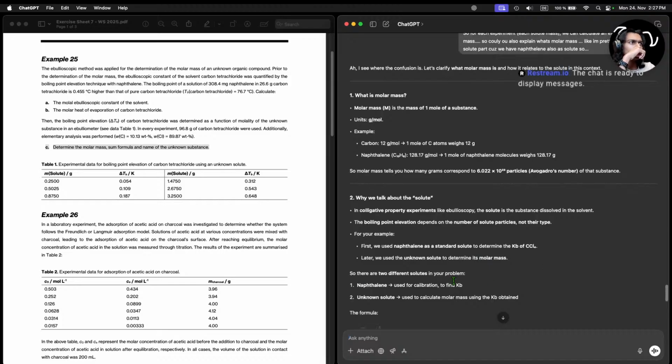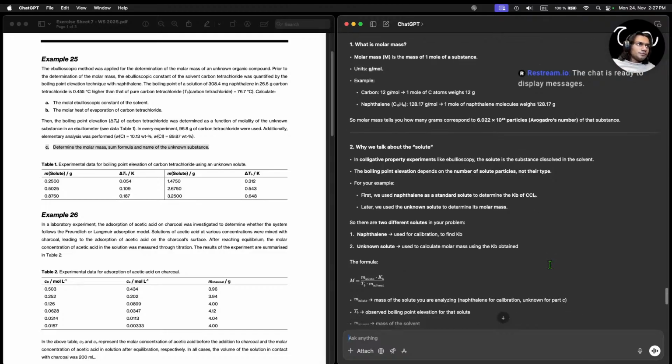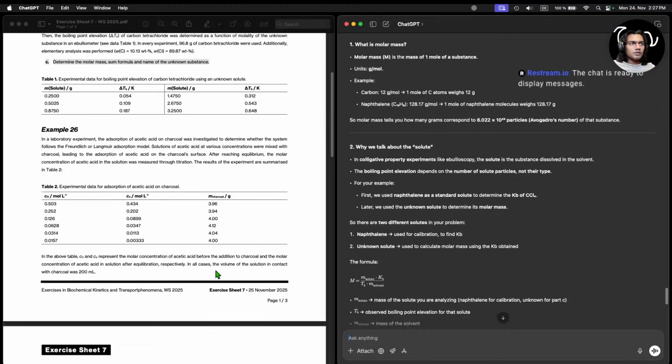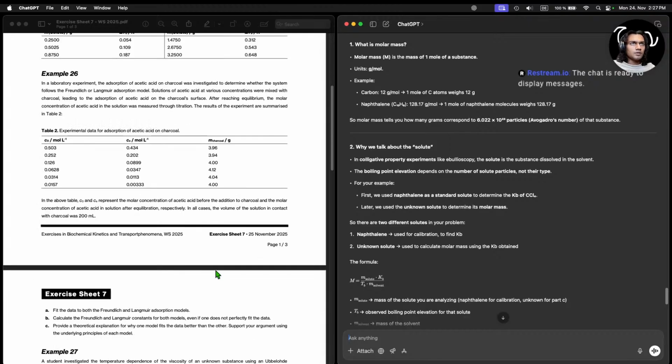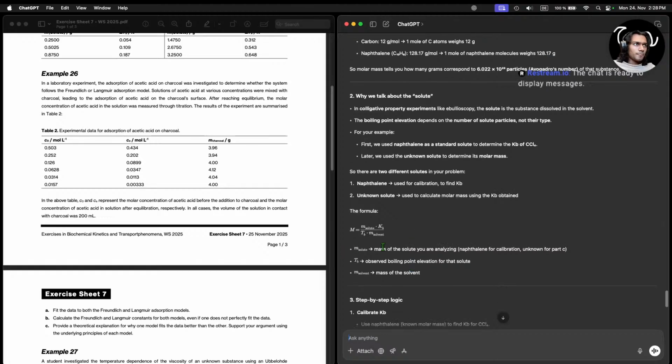So these are two different solutes in your problem, used for calibration to find Kb. Mass of solute, you're analyzing naphthalene for calibration, unknown part of C.